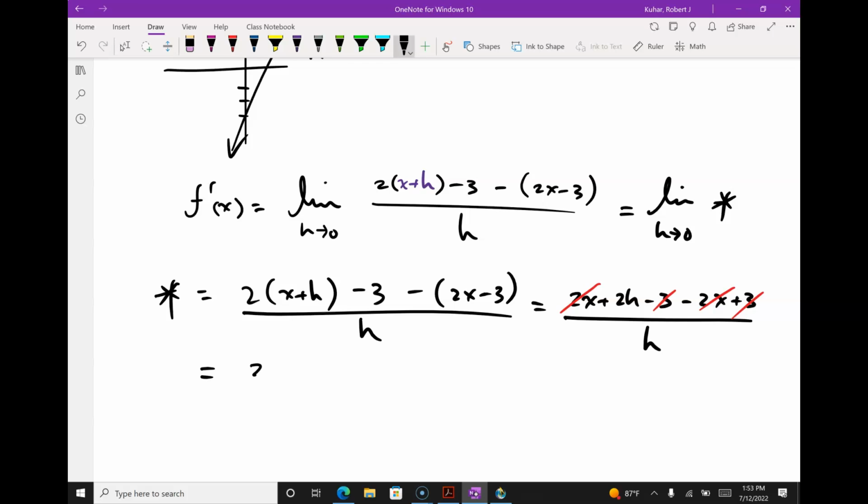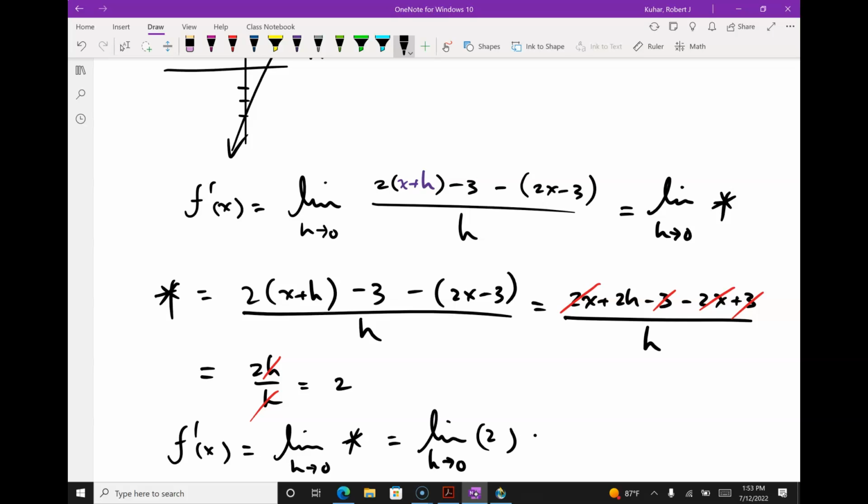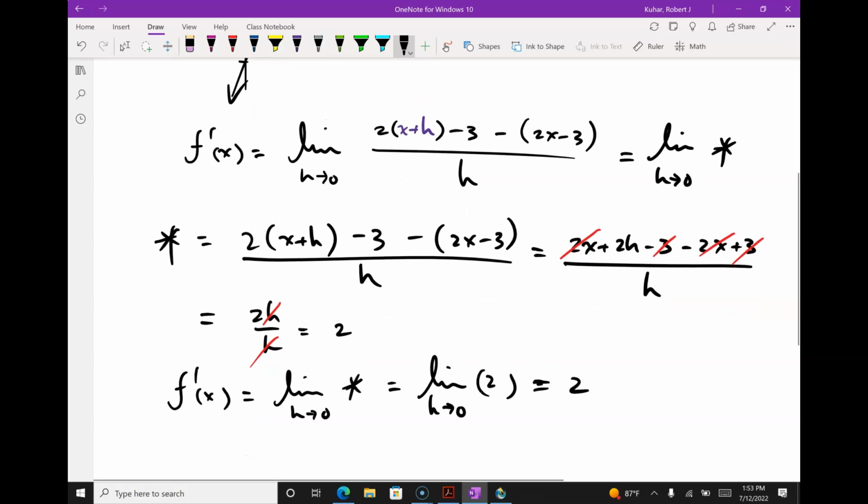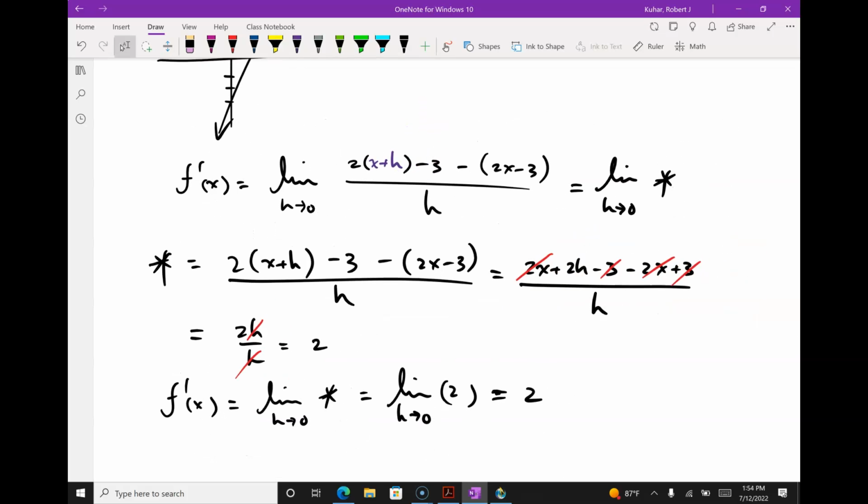So I get 2h over h, which is 2. You with me?